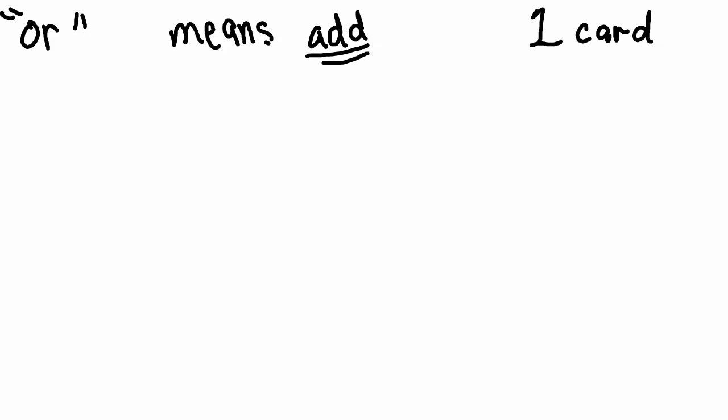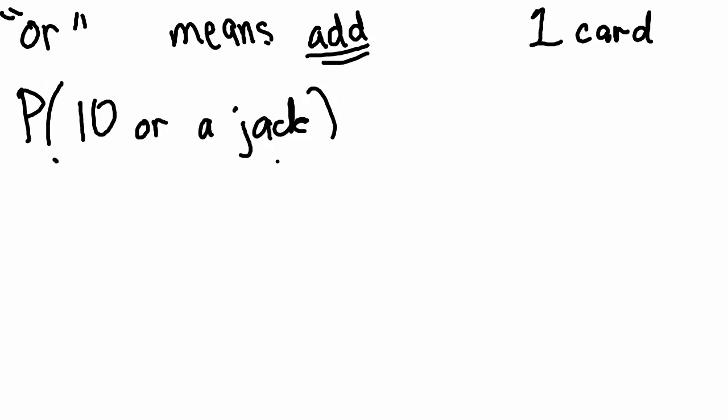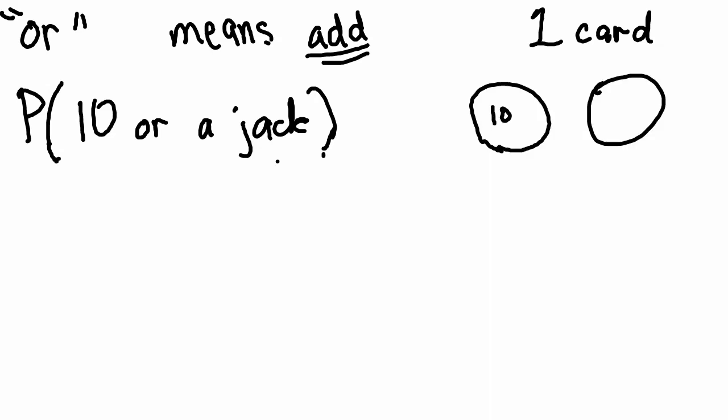So what's the chances that we get a 10 or a jack? Now these are mutually exclusive because the 10s are over here and the jacks are over here, so they don't overlap. So they're mutually exclusive. So in that case, you're going to just add these two together.